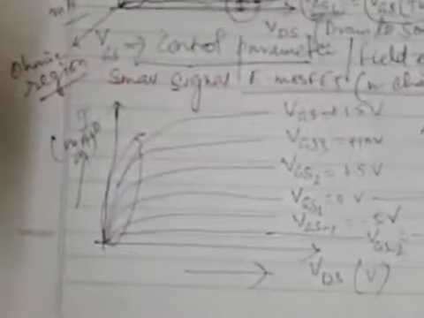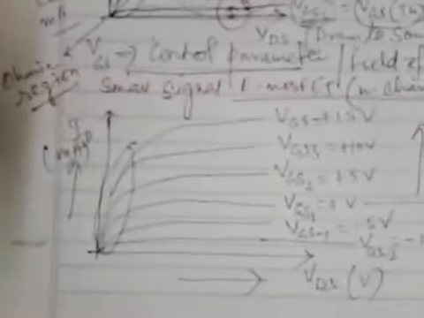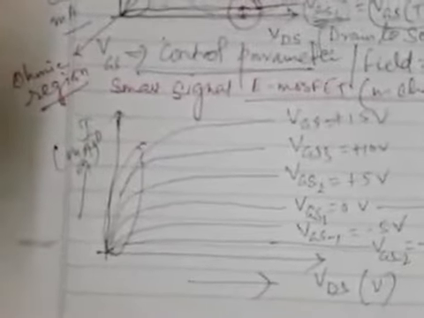Now when biased in the ohmic region, the enhancement MOSFET is equivalent to a resistor, because you know that resistance is a linear element and follows Ohm's law, and Ohm's law can be applied to a linear circuit. So while working in this ohmic region, we can say the MOSFET can be emulated like a resistor.